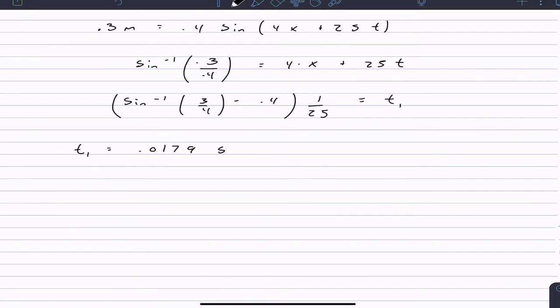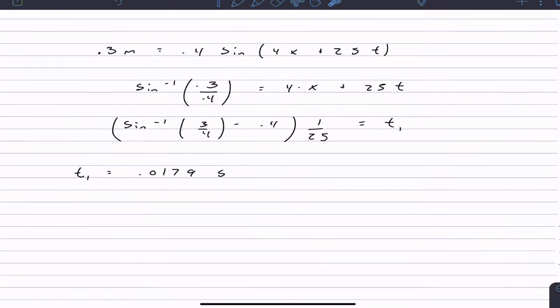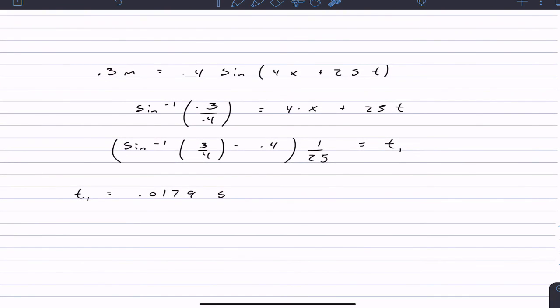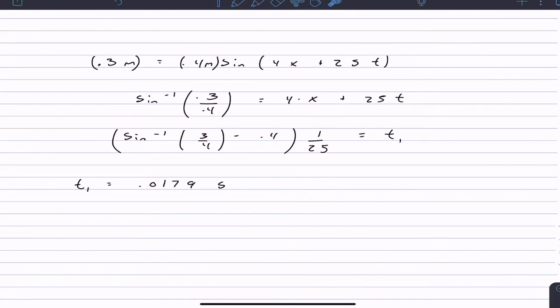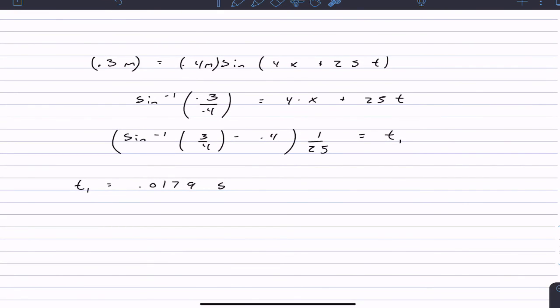We can show the units by just looking at what we have going on here. This is in meters. This amplitude is also in meters. So those cancel and become unitless, which is what we would want in a sine function, right? This is k times x. K is in units of 1 over meters, so 1 over meters times meters cancels, and that's unitless.